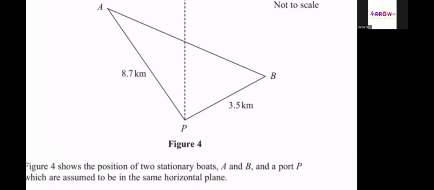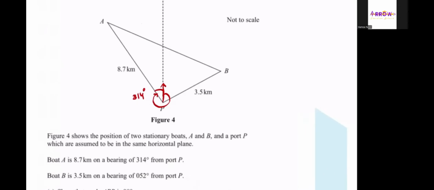So for just 1 mark, you need to do the working in part A. First of all, what we know is that if you make a north at point P, this bearing is 314 degrees as per the information of the question. So this acute angle would be 360 minus 314, which is 46 degrees.